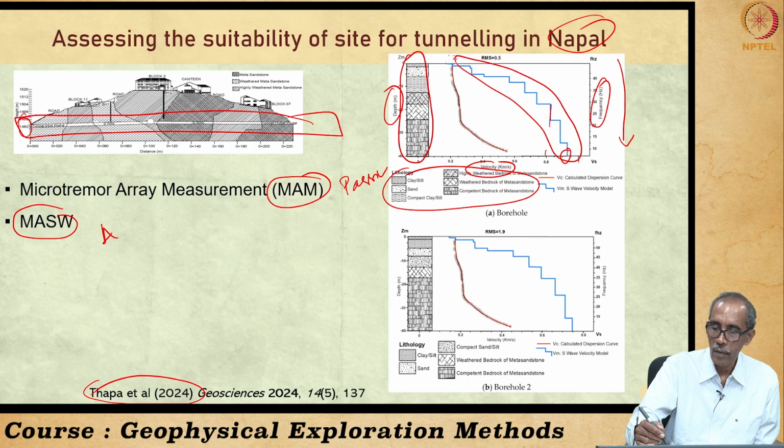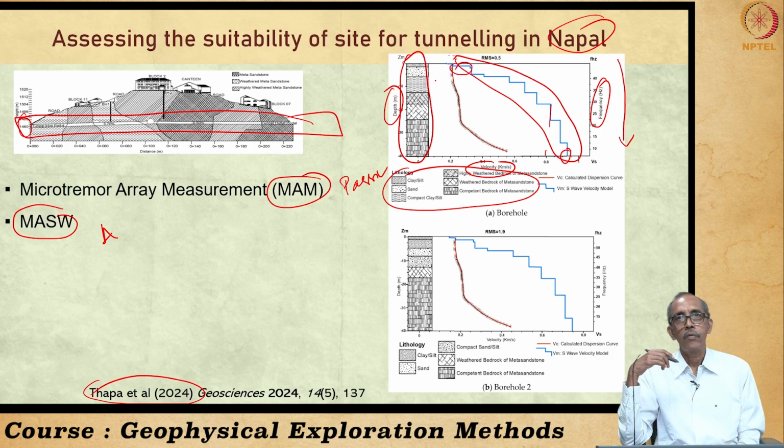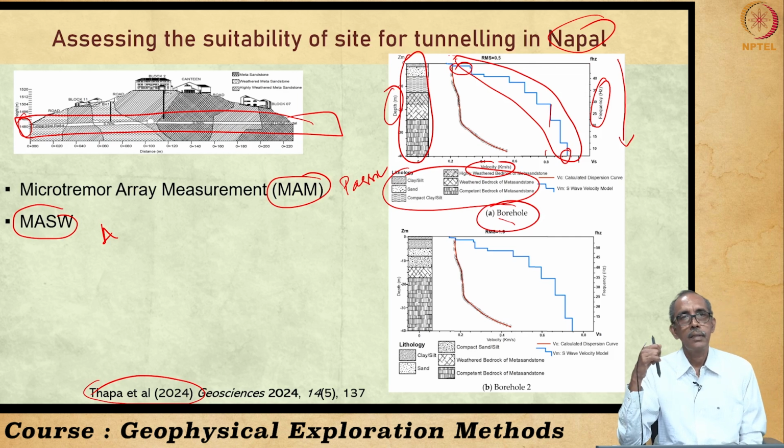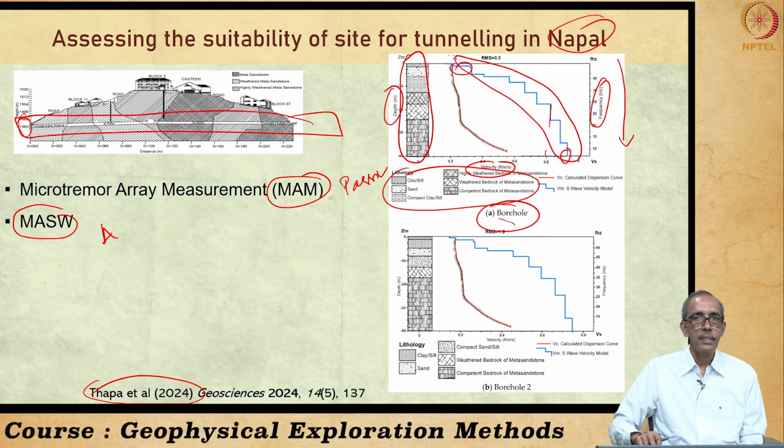At the top we have very loose soil with a velocity of only 150 to 200 meters per second. This is for one site, and this is for another site. So, this is how they made use of MASW to characterize the subsurface rocks to assess the suitability of the site for tunneling. These are all the different case studies that highlight the application of MASW.